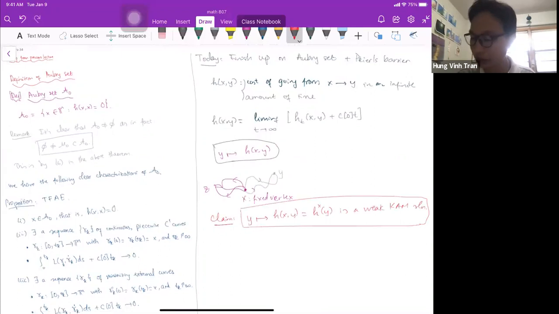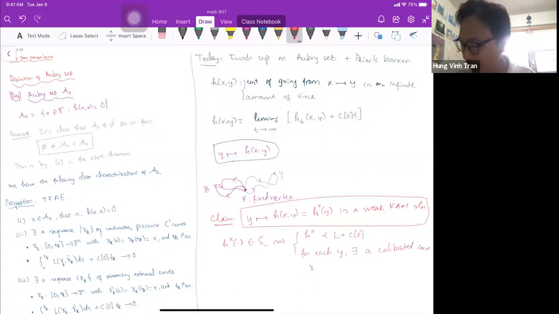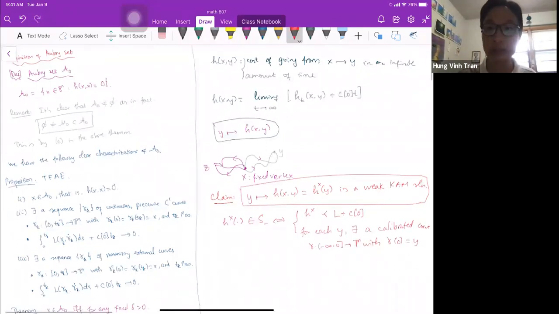So that is a very important claim today that we're going to prove. By being a Wickham solution, we mean that this function h of x is in S minus, right? I think minus is here. And this is equivalent to the fact that it is dominated from above by L plus c naught. And for each y, there exists a backward characteristic, a calibrated curve gamma mapping from minus infinity to 0 to the torus, with gamma(0) equals y. So those are the equivalent definitions.